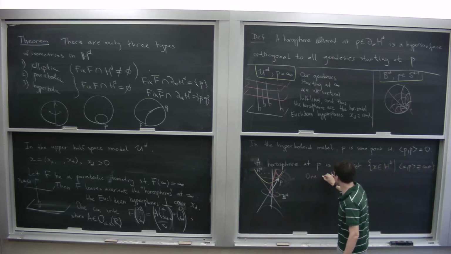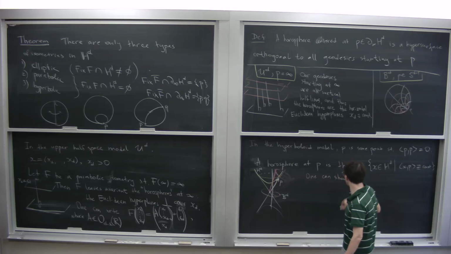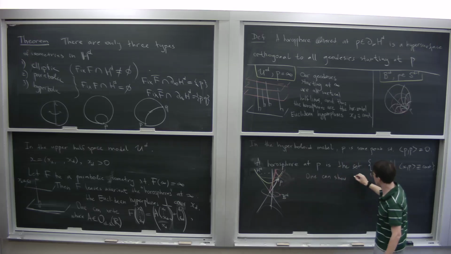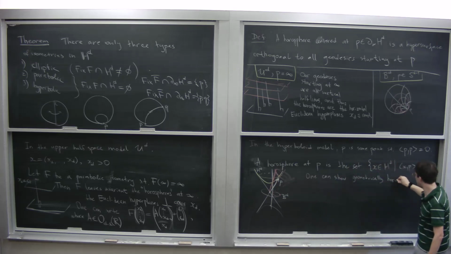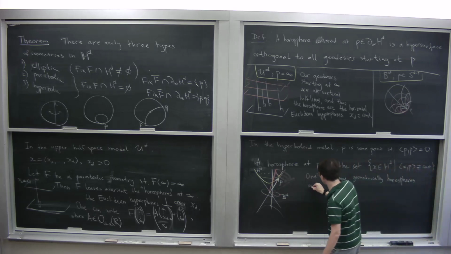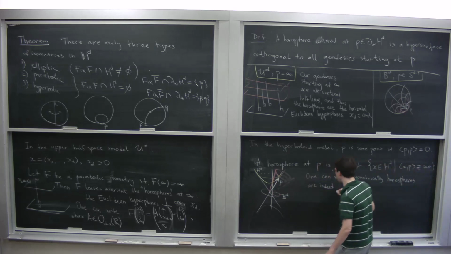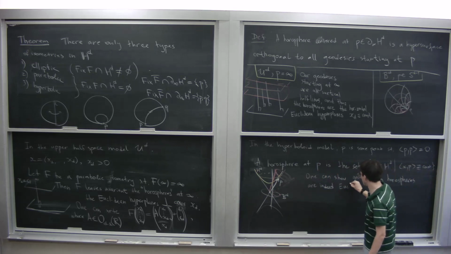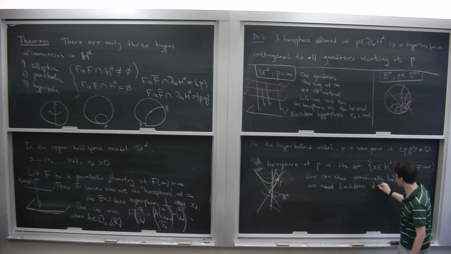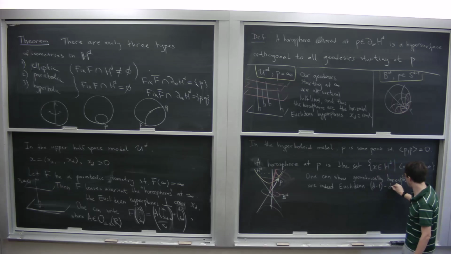One can show that geometrically horospheres are indeed Euclidean d-1 dimensional spaces.